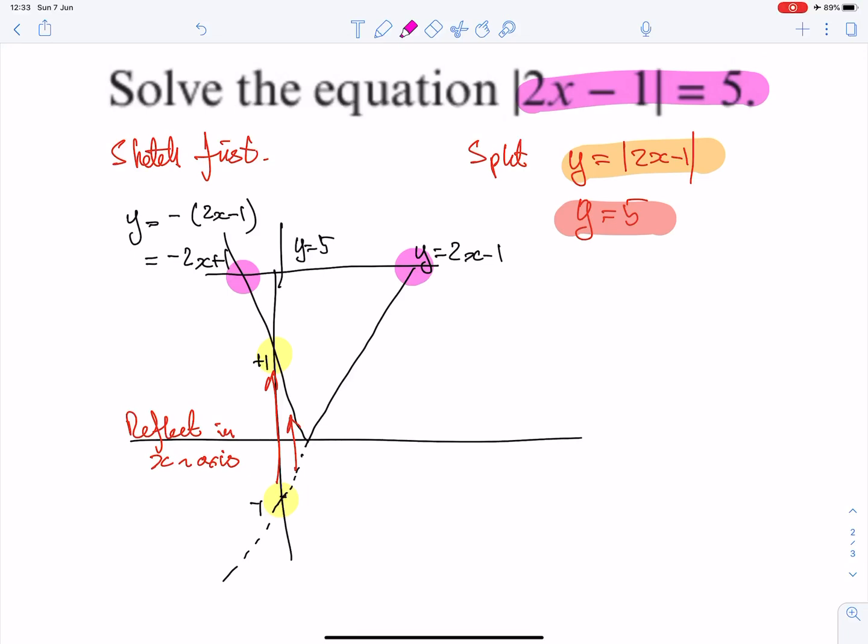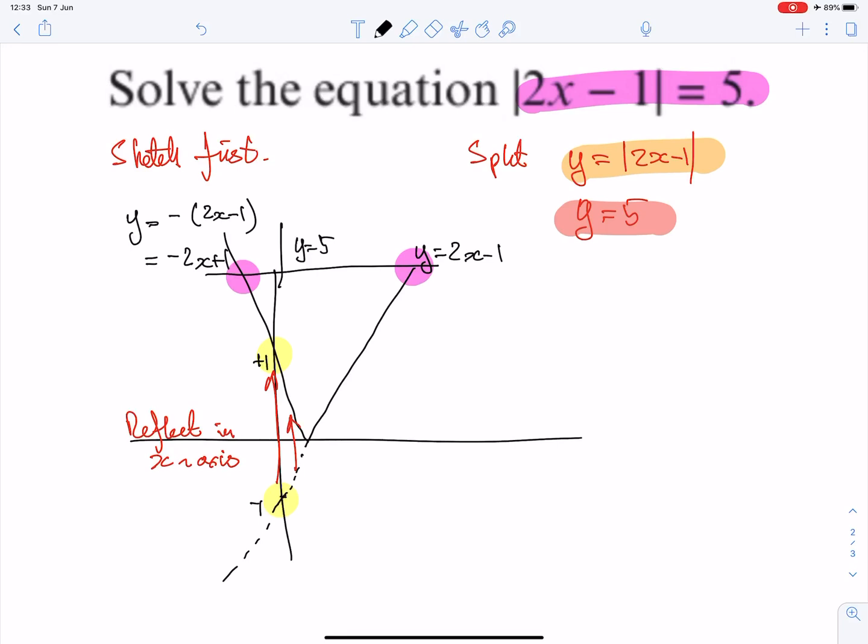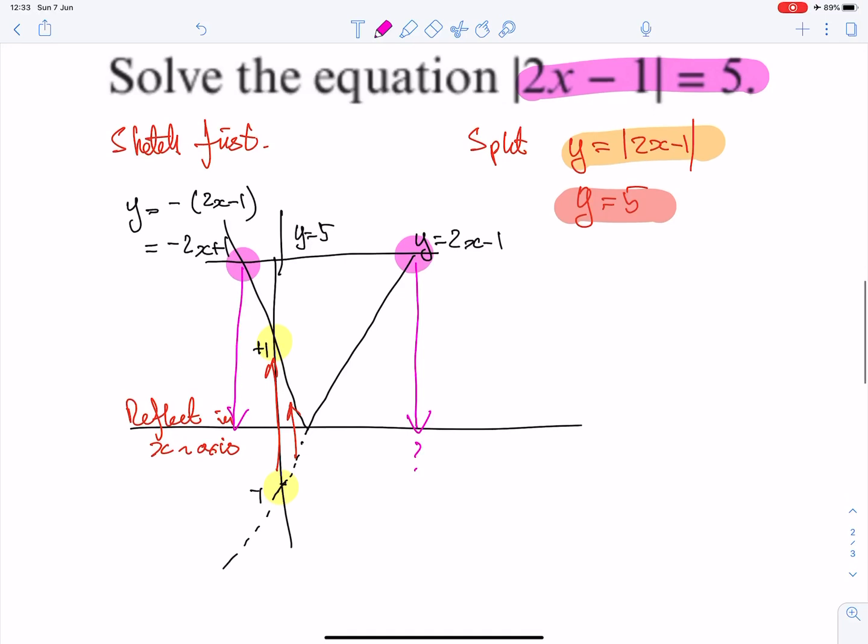We've got to find those two x values. We could call this one x1 and this one x2, but it's the x values of where those lines cross that we're looking for.